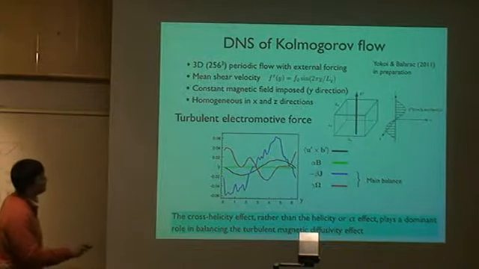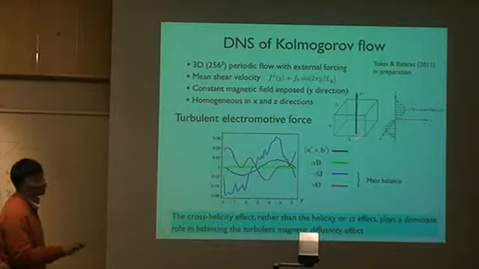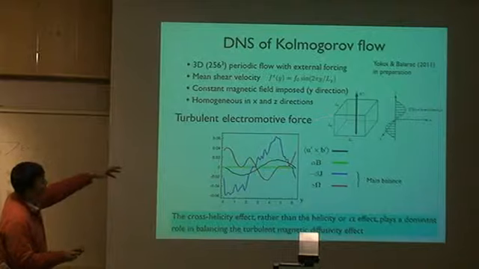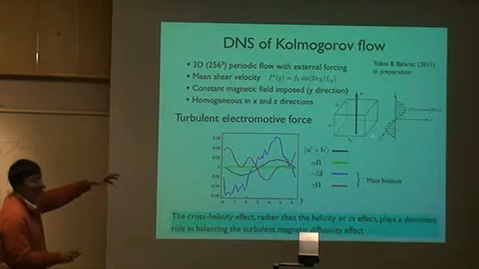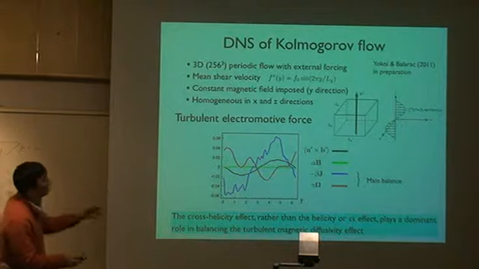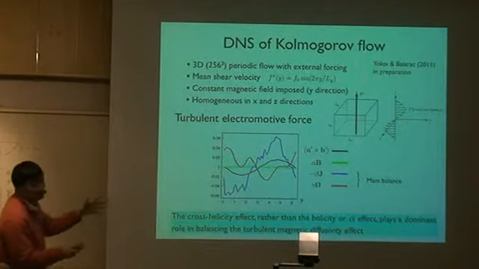Anyway, one of my recent works comes from collaboration with numerical people, and I asked for some direct numerical simulation of MHD flow. This is Kolmogorov flow with a large-scale magnetic field enforced.